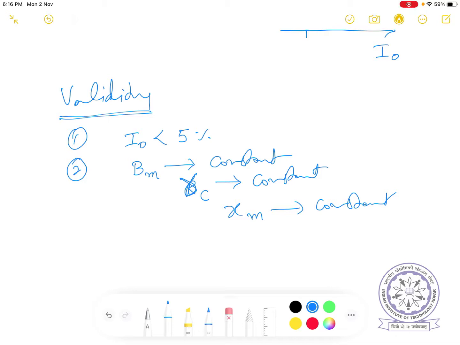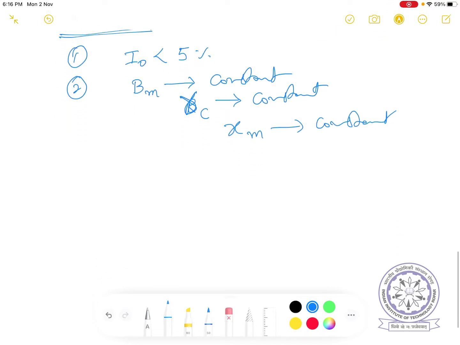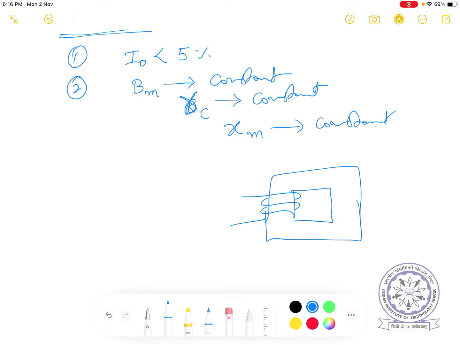Why? Because most of the leakage flux path is in air. What is leakage flux? Here the transformer is there, this is the winding. What is the origin of this X1 or X2? This is the secondary winding, X2 here.